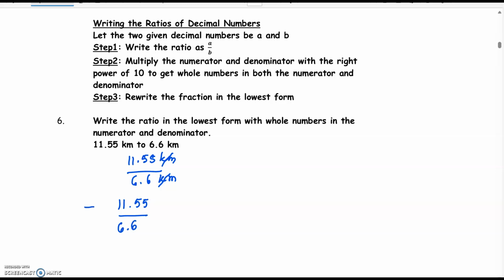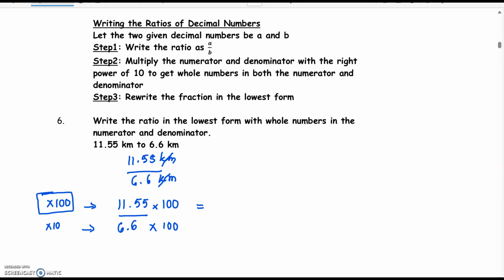In order to get rid of the decimal point in the numerator, I have to multiply with 100, which means I shift the decimal point 2 places to the right. In order to get rid of the decimals in the denominator, I need to multiply with 10. So I'm going to multiply both the numerator and denominator with the bigger number, so that way I get rid of the decimal point in both. So I multiply with 100 in the numerator and denominator.